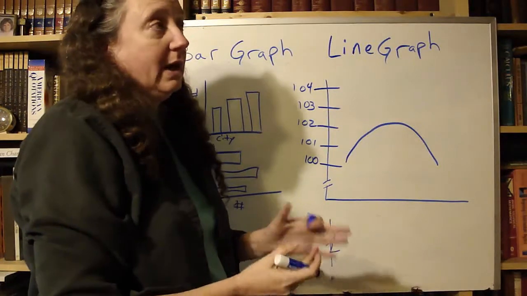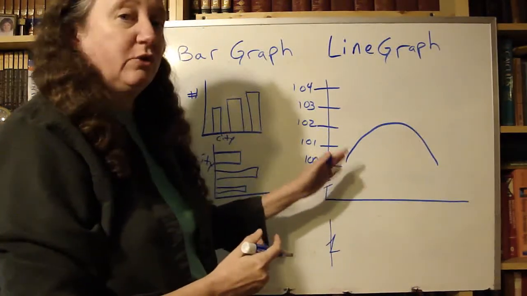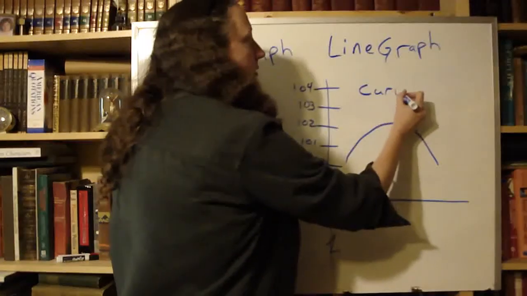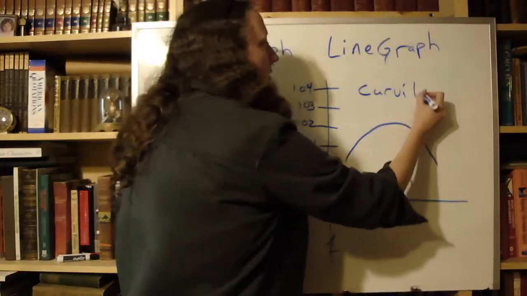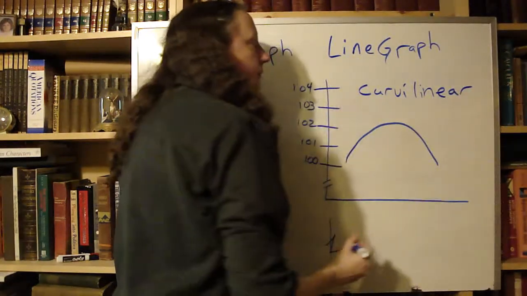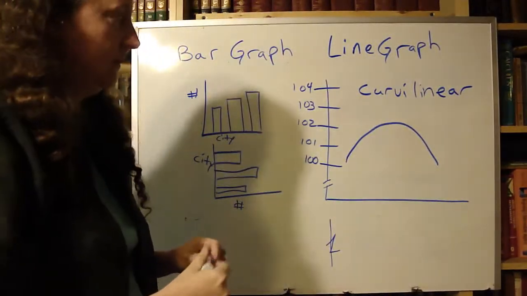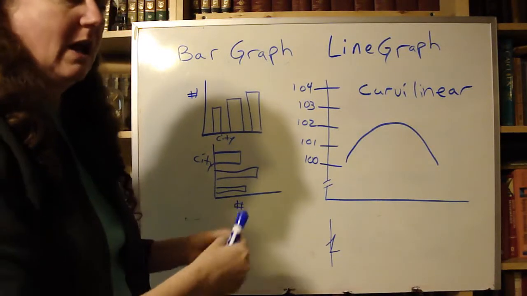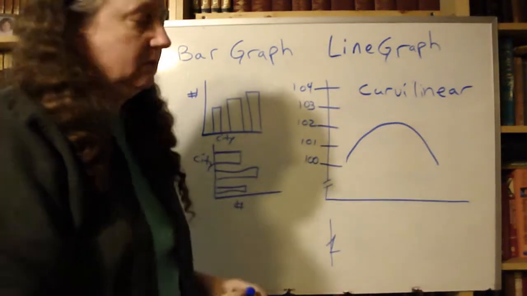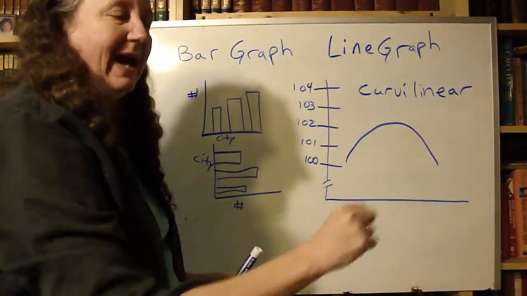And I know a line is supposed to be straight, but we have this special term here called curvilinear. That means a curved line. It's nice and smooth as it goes up and down. It's not really jagged.